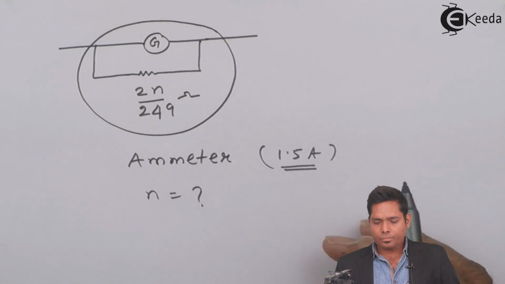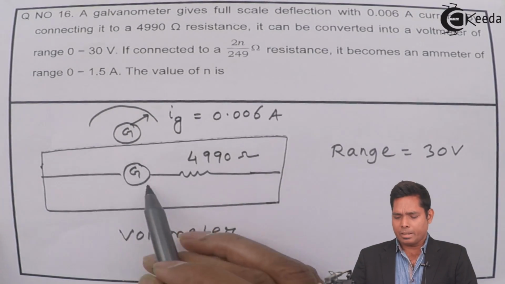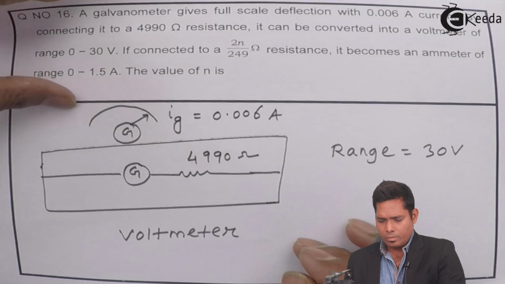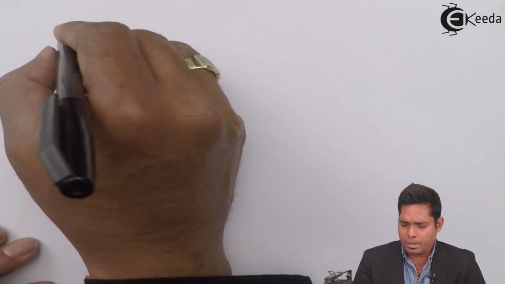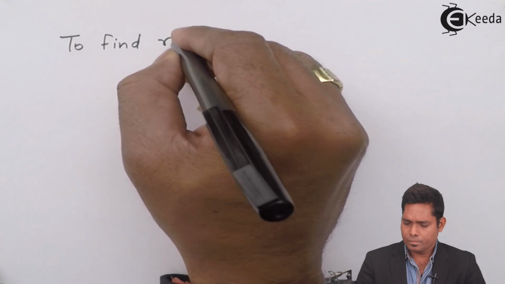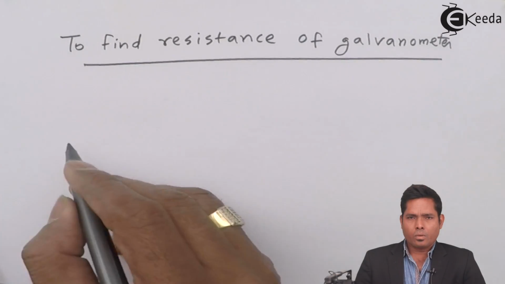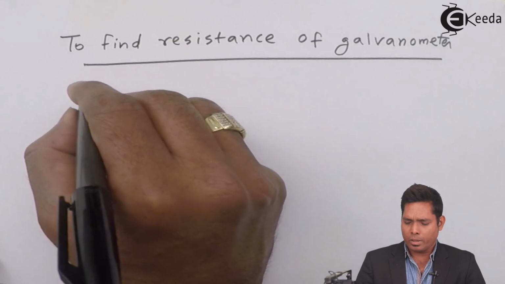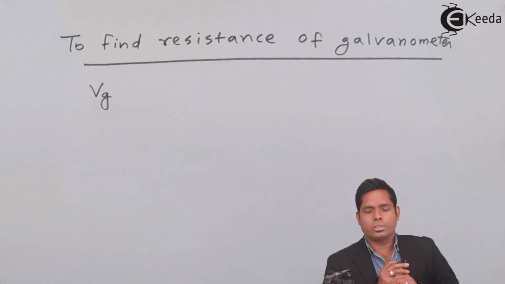First of all, you can see that we have to find the resistance of the galvanometer. To find it, we need the maximum voltage that the galvanometer can measure when there is no resistance connected in series.